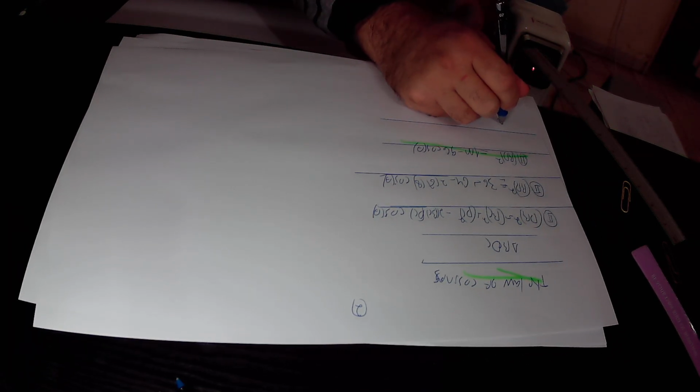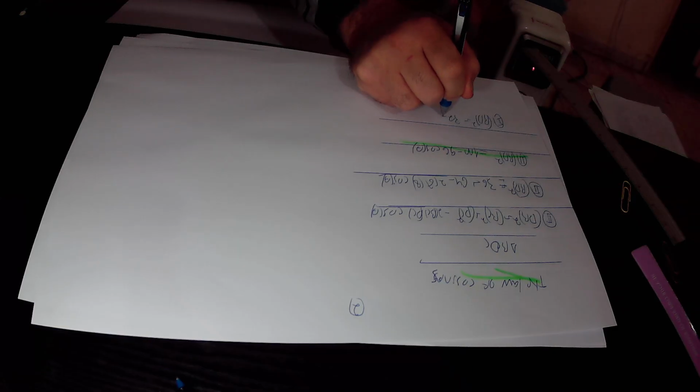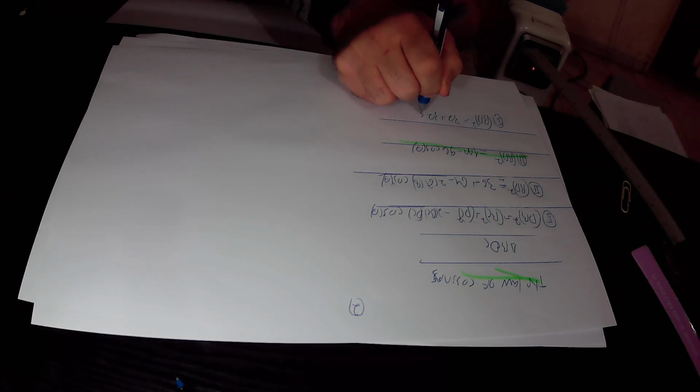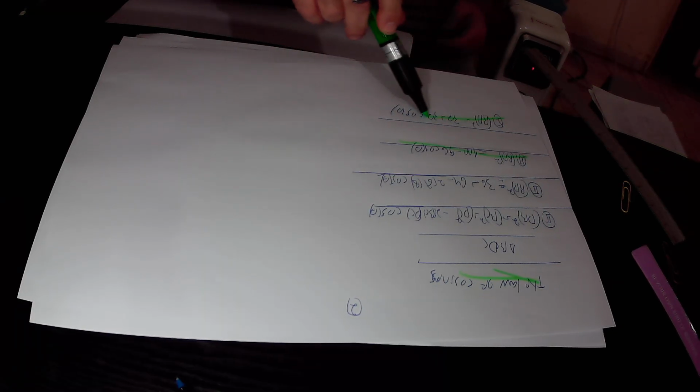But according to equation 1, we already found out that BD squared equals 32 plus 32 times cosine theta. So we have two equations for BD squared, equation 1 and equation 2.